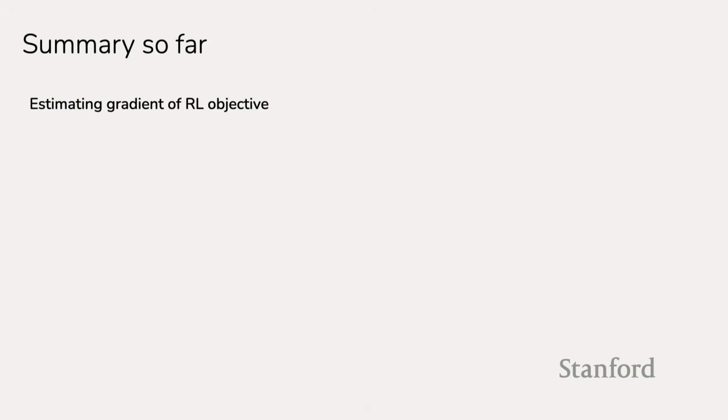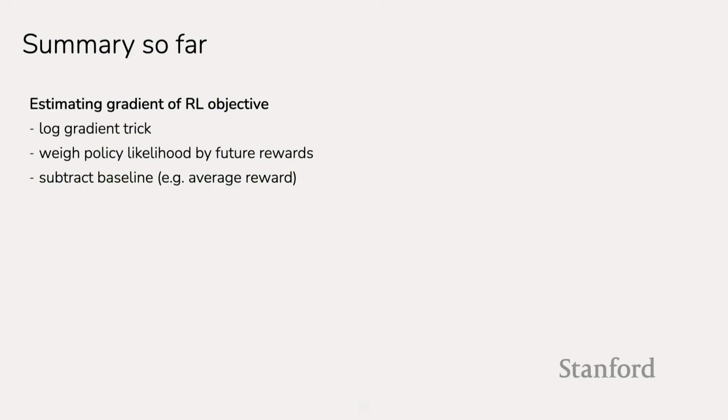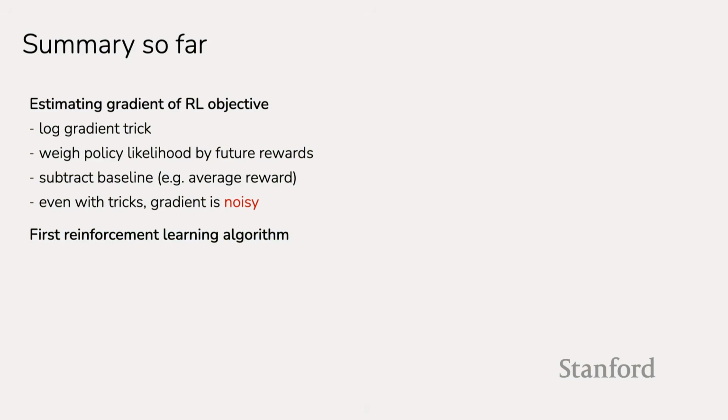Okay. So, summary so far: we showed how to estimate the gradient of the RL objective using this log gradient trick. This corresponds to weighing the policy likelihood by future rewards. And we found that subtracting a baseline like average reward will further improve the gradient. Even with these two things, the gradient is still noisy, so it's best with large batches and dense rewards.